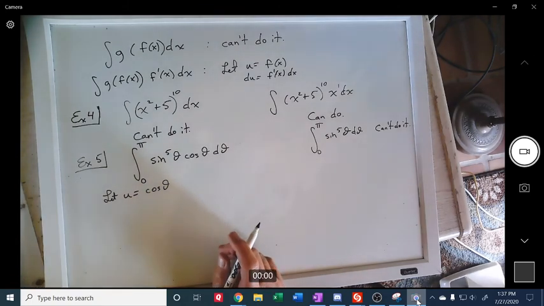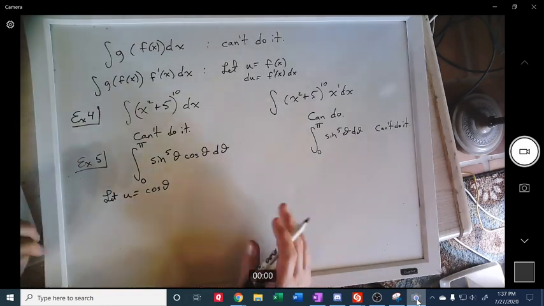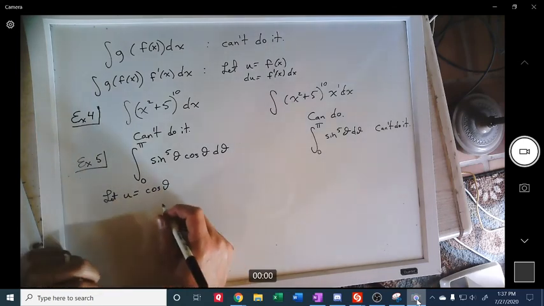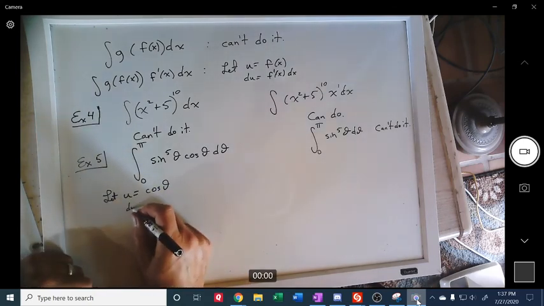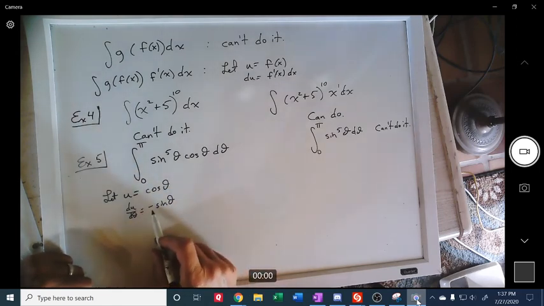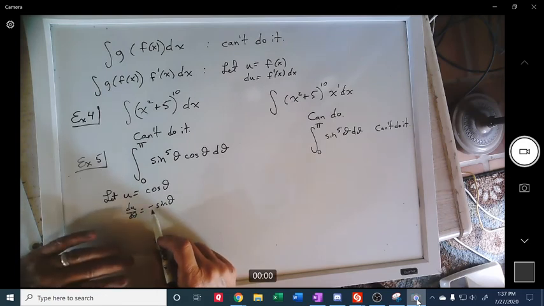And when you're first starting out, it can be confusing. Just take a stab at one of them and then see what happens. If you did this, you'd run into a problem. Du d theta would be negative sine of theta. The negative is not the problem, because that's just a constant.